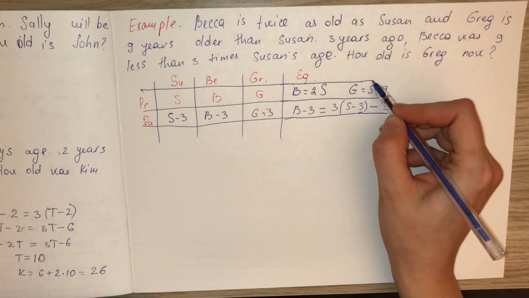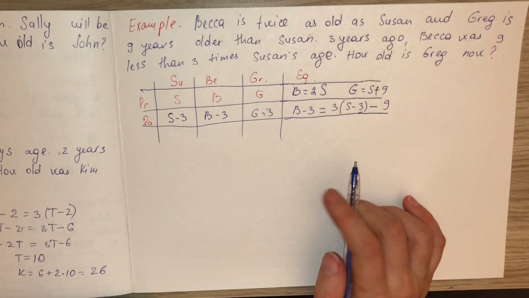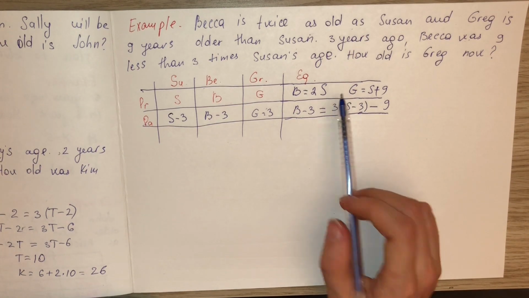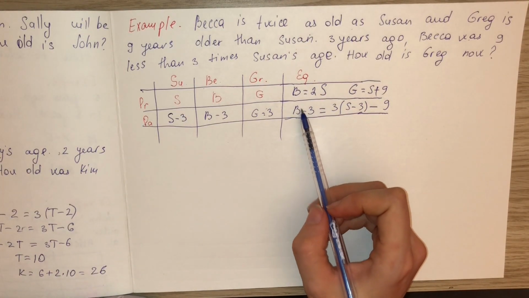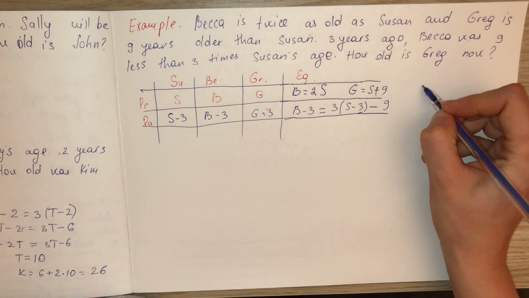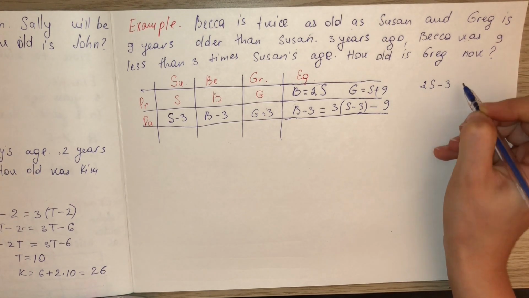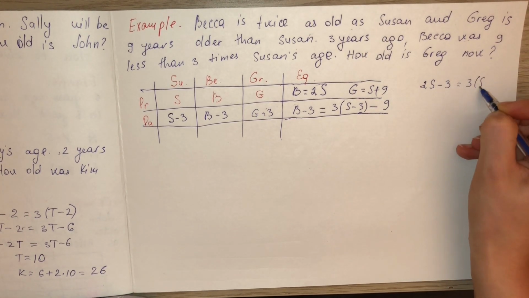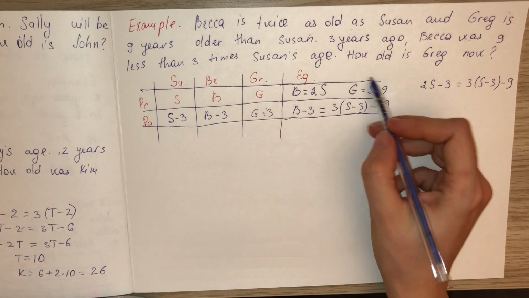And let's solve this equation. What should we do? Here, if we replace B with 2S, we will get that 2 times S minus 3 is equal to 3 times S minus 3 minus 9. And this is remaining.